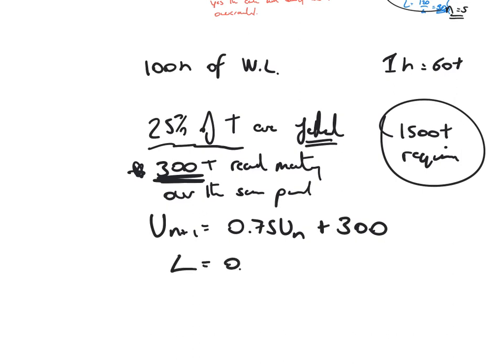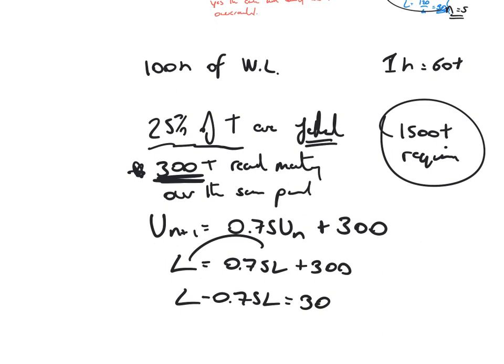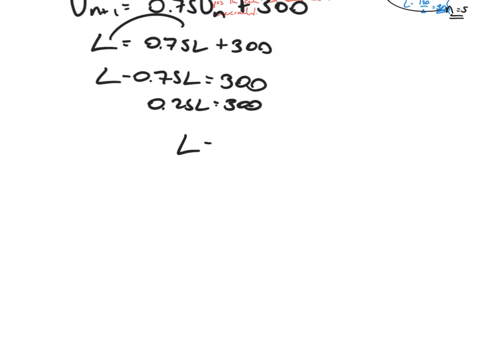So L = 0.75L + 300. L minus 0.75L equals 300. 0.25L equals 300. L equals 300 over 0.25. I can multiply top and bottom before, and that will give me 1200.